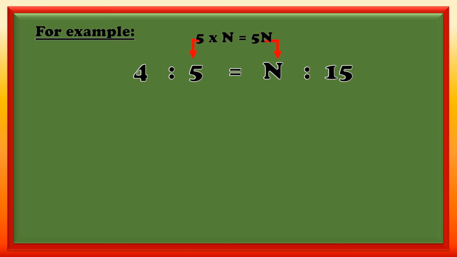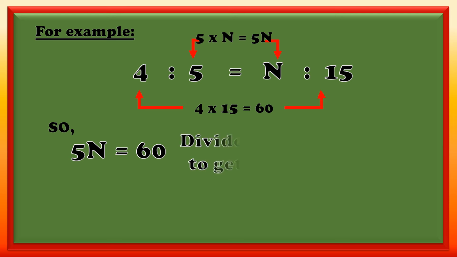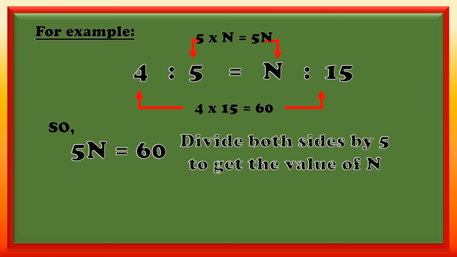Okay, we get the product of the extremes, 4 and 15, and that will give us 60. Okay, so if the product of the means and the product of the extremes are equal, we will have 5n is equal to 60.